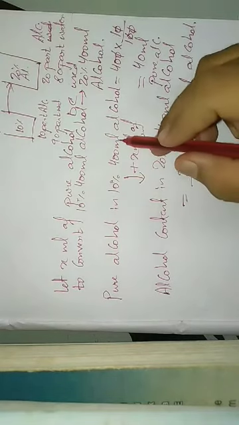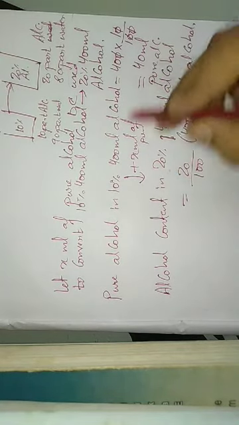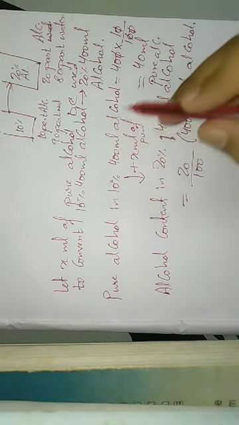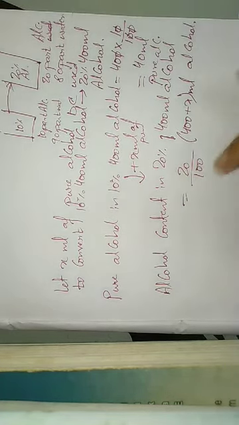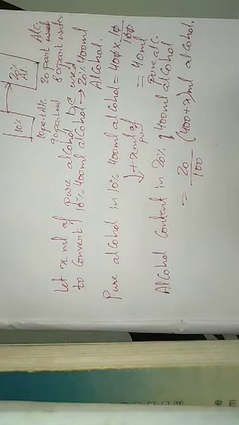Like this condition, 10% 400 ml contains only 40 ml. If you are giving 400 ml of pure alcohol, that will have 400 ml of pure alcohol, this being 100% alcohol. Okay, the alcohol content in 20% 400 ml is 20% of 400 plus x.